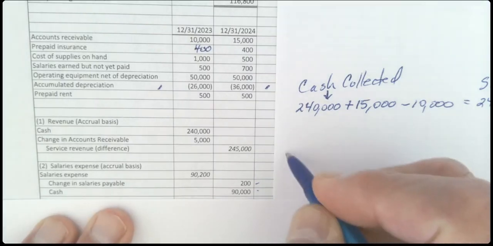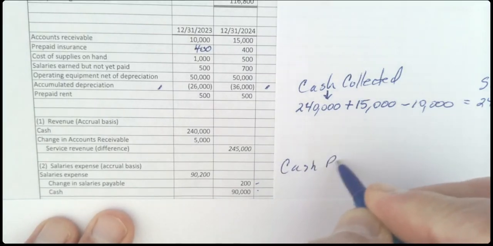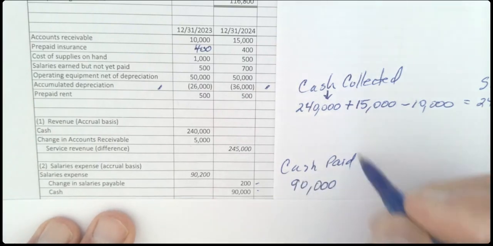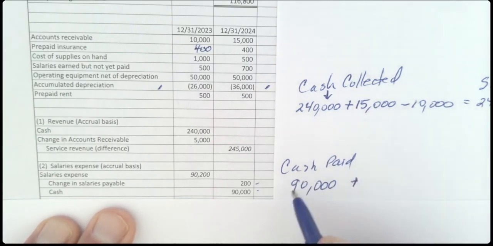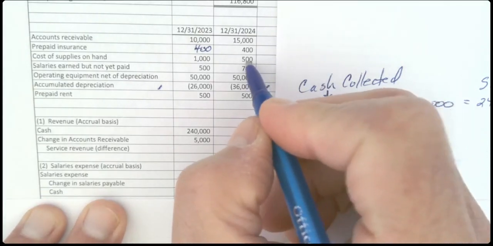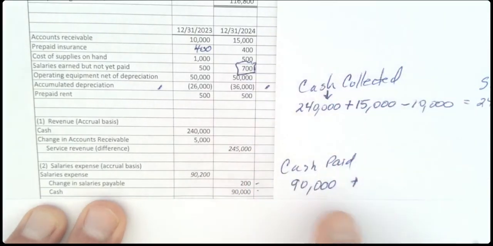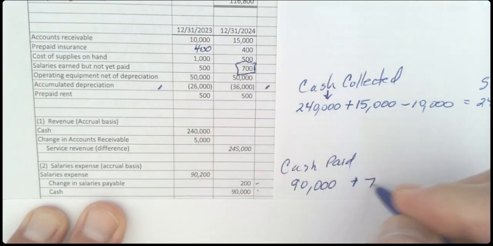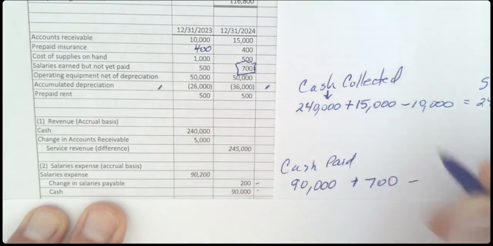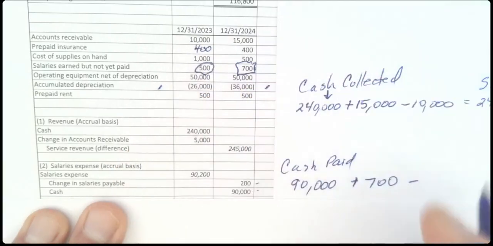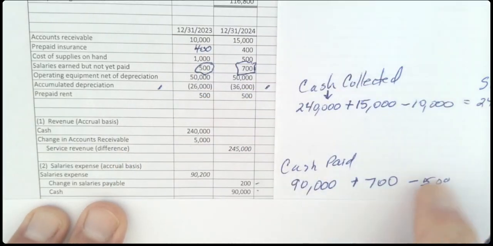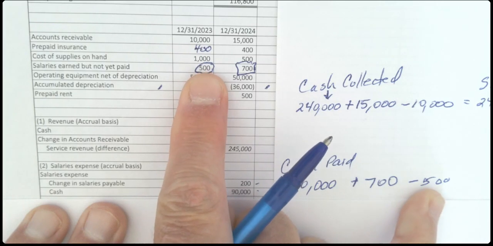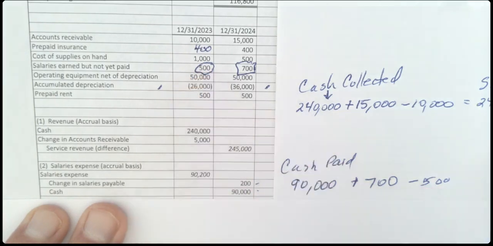Put differently, cash paid was $90,000, plus the $700 of salaries earned but not yet paid, and then minus the $500 of salaries paid this year but earned by the employees last year.